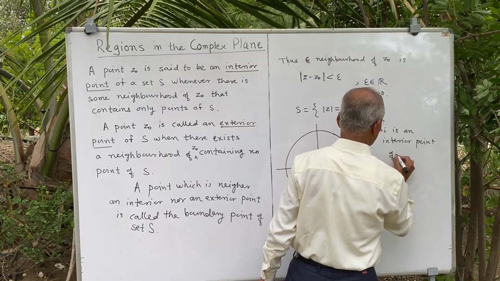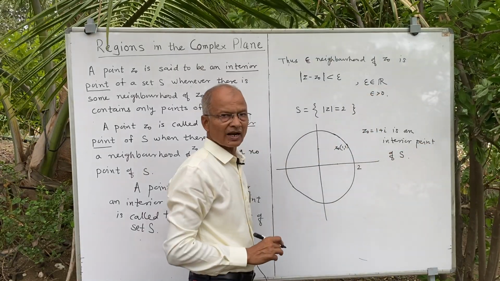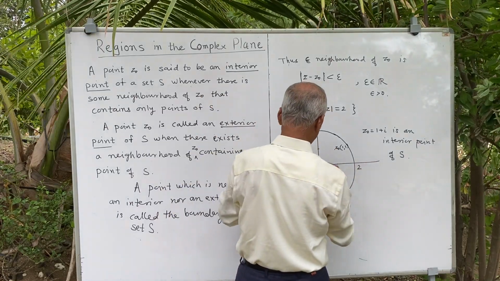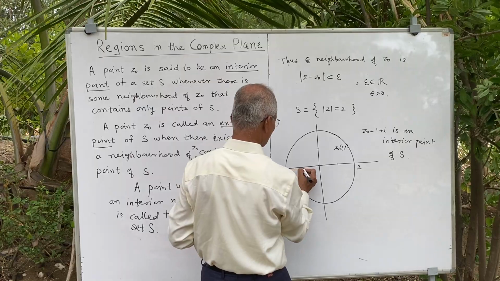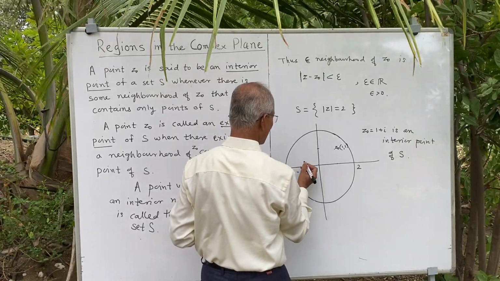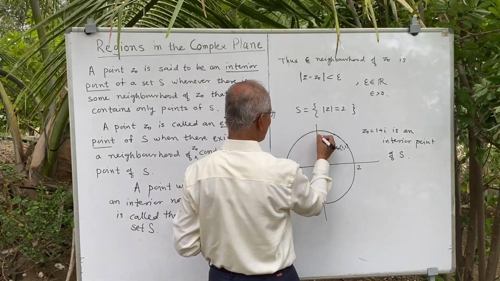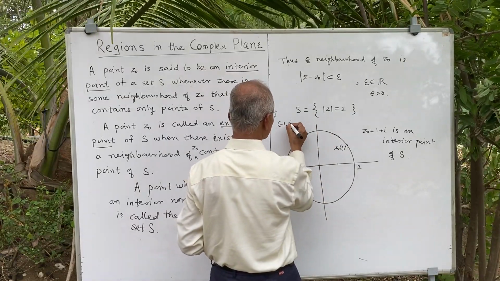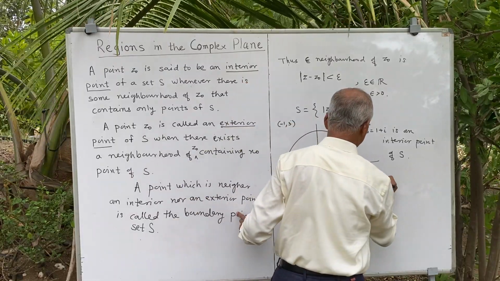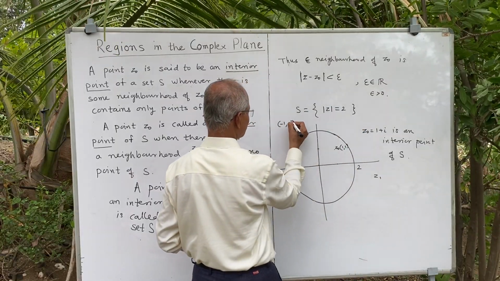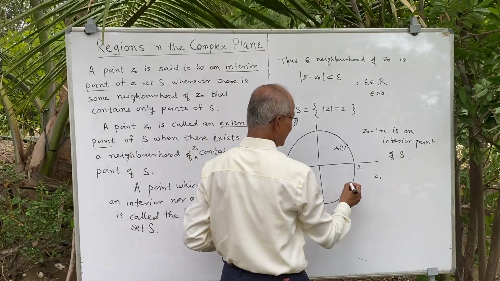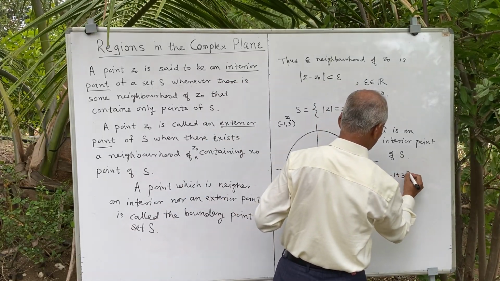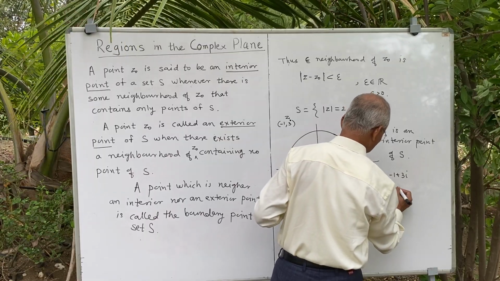And to consider an exterior point, we may consider any point here. Suppose this is 1 unit negative, and if you consider 3 units, this is 2 and this will be 3. So that point is (-1, 3), and the point that may be denoted by Z1, which is equal to -1 plus 3i, is an exterior point.